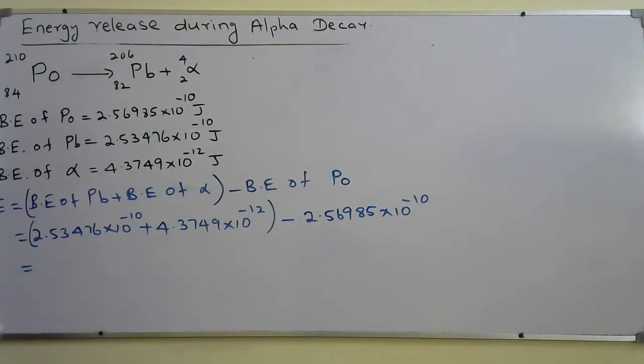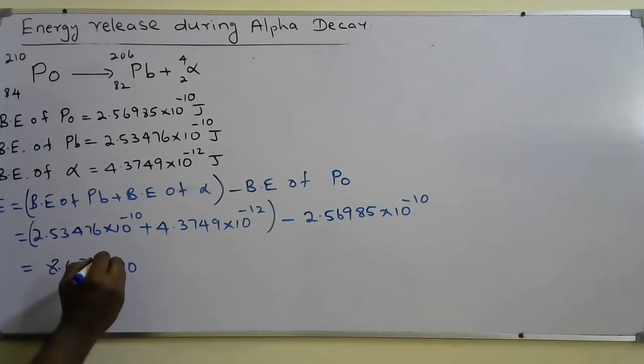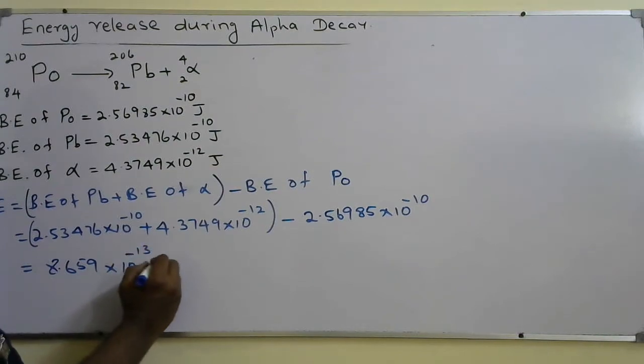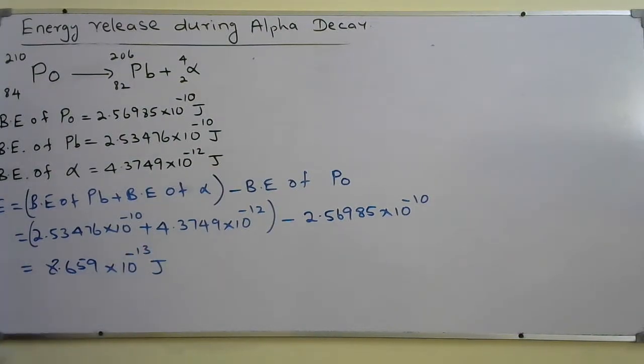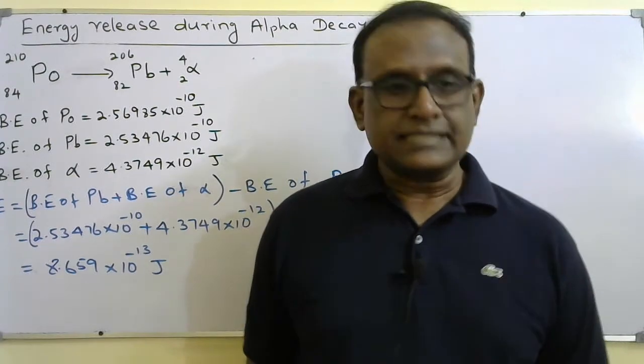You will get almost the same answer, 8.659 times 10 to the power minus 13 joules, same as earlier. You can see both methods give the same answer.